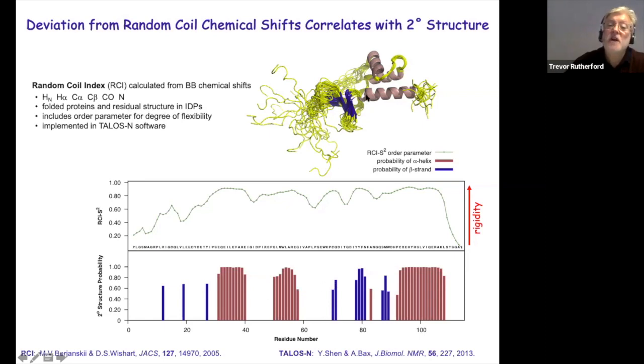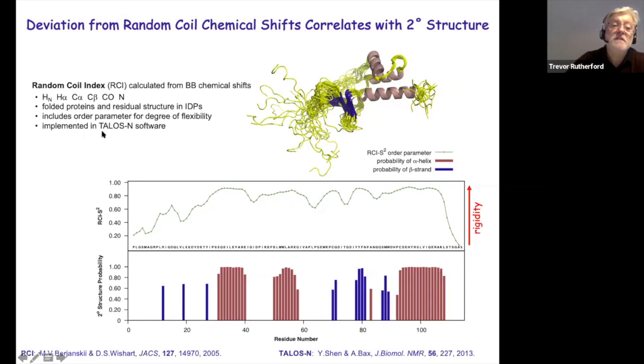And what I've done is I've colored this structure with the color bars that we get from the random coil index. And you can see that we've got 4 strands of beta sheet in here, and we've got 3 helices, and these are very well in accord with what we measure from the NMR data. So this information we get for free just from measuring the chemical shift assignments in the first place.